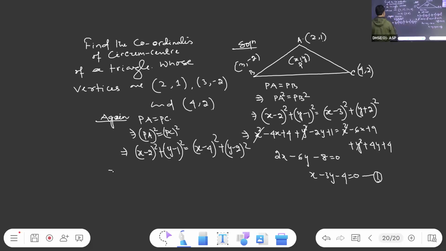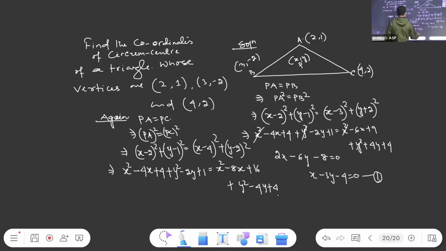So this implies x square minus 4x plus 4 plus y square minus 2y plus 1 is equal to x square minus 8x plus 16 plus y square minus 4y plus 4. So x square, y square cancelled.